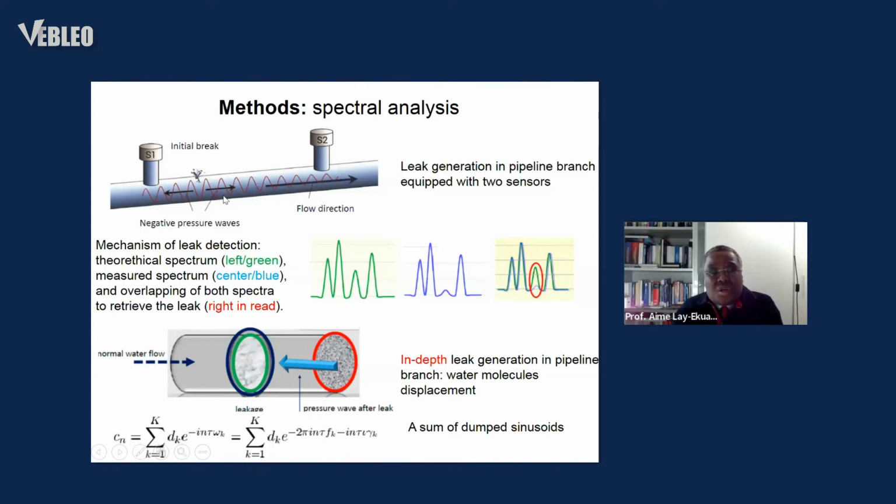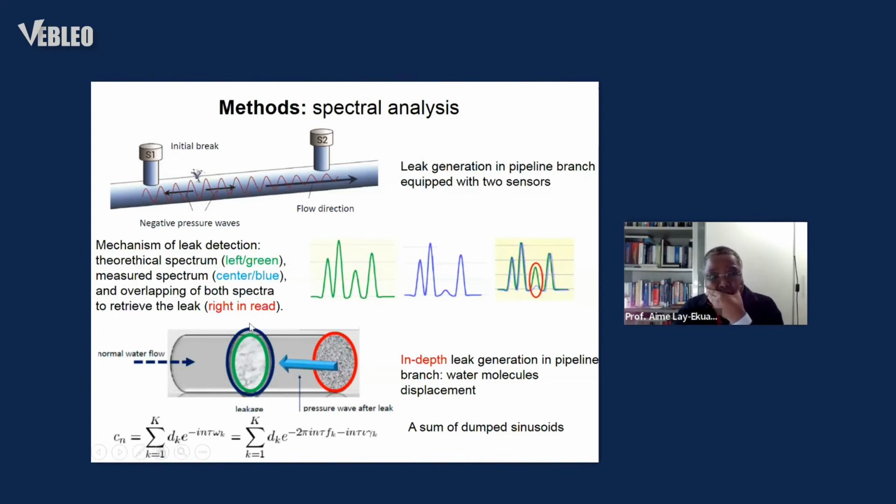In case of a break and leaks, we have the return, the negative pressures going against the flow direction. So normally, this change creates a vibration within the pipe.